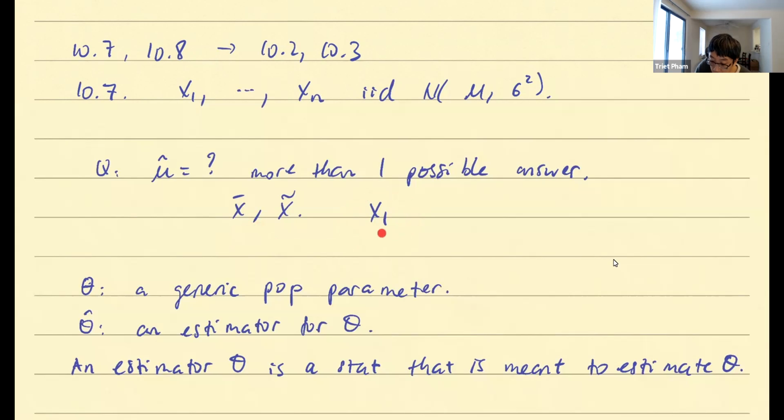But relative to some other choices, then you can say, no, X bar definitely is better. But then you want to point out specifically in what sense X bar is better. Or X tilde for that matter. Until you single out that criterion, any estimator could work. Is that okay?